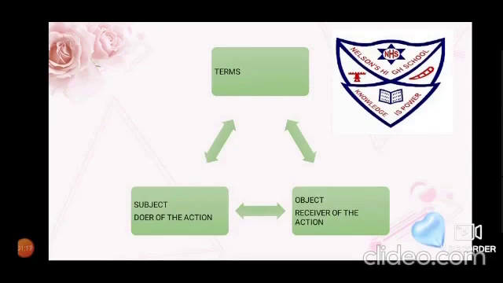The action that is performed is called your verb, and the receiver of the action is called the object of the sentence. Or you can say in simple words, the one who receives the action is called the object of the sentence.